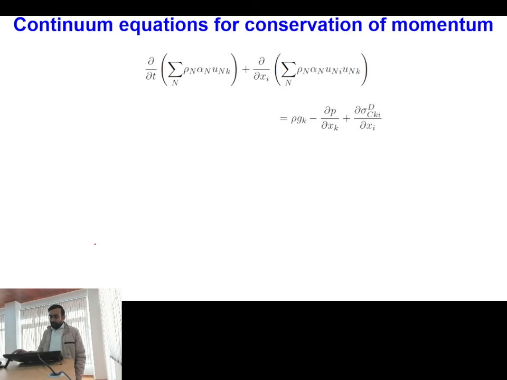Now what I can do, whatever my original equation was, that was for the individual phase. Now I can take the sum of all these individual phase momentum equations. This is the combined phase momentum equation.